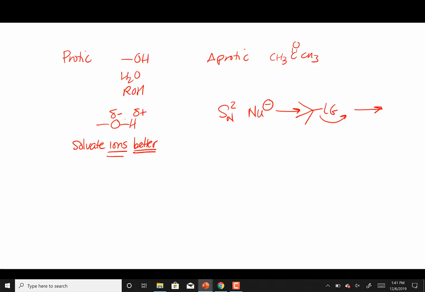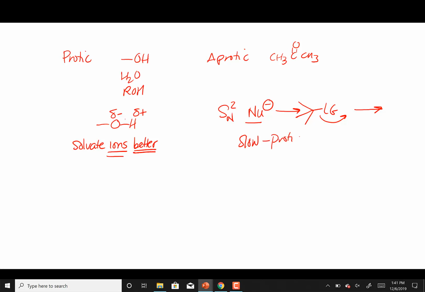No. Solvating the nucleophile is going to slow down the reaction. Why? Because the nucleophile is trying to get itself in position to kick off the leaving group, to go into the transition state. And so the nucleophile, in order to get there, has got to drag all the solvent with it. Then when it gets there, it's got to get rid of the solvent in order to react. So having good solvation of the nucleophile will end up slowing down that reaction.